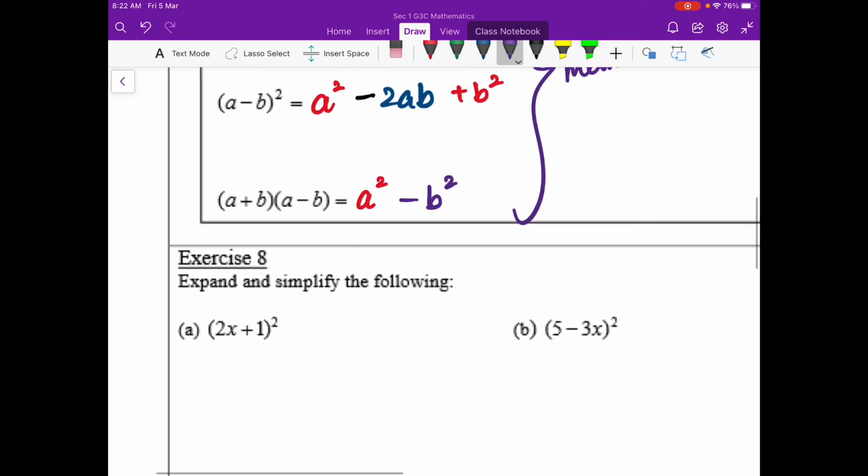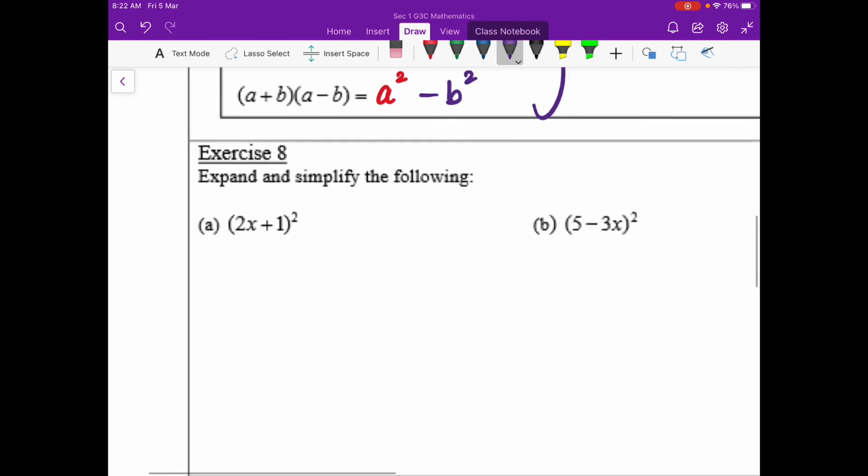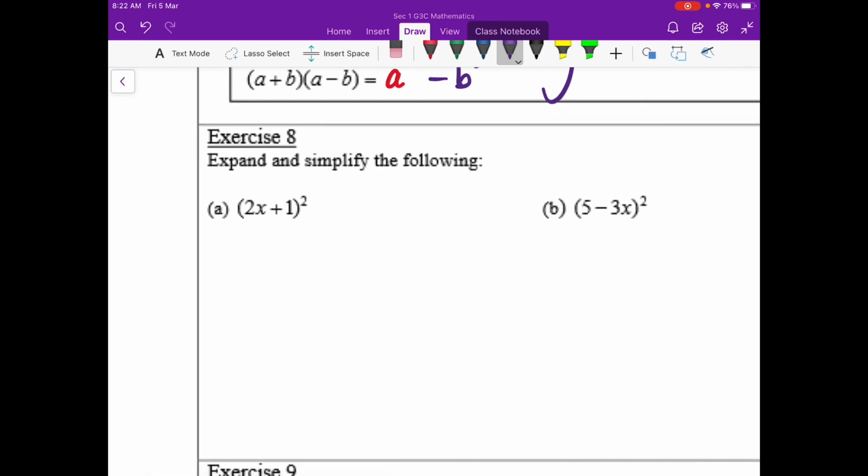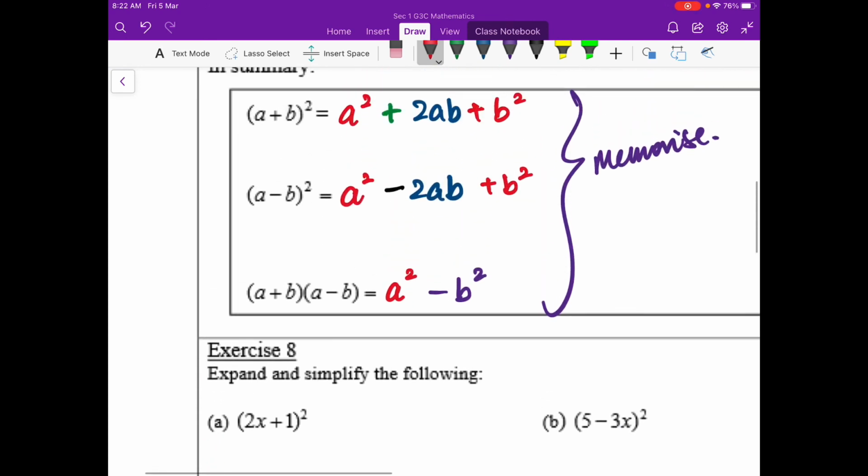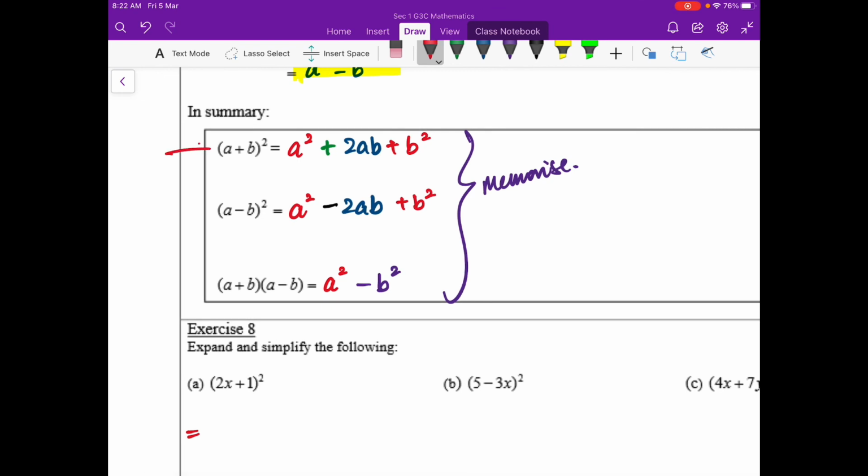So expand and simplify. I will now demonstrate how we apply that with actual examples. First one. This is A plus B, the whole thing squared. So using the formula, that will be the first formula. We are going to square the first term.